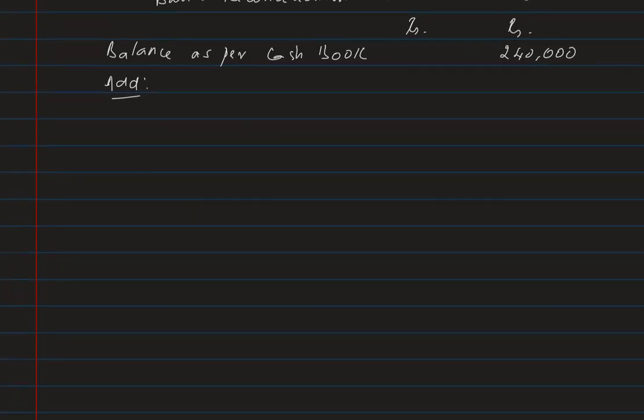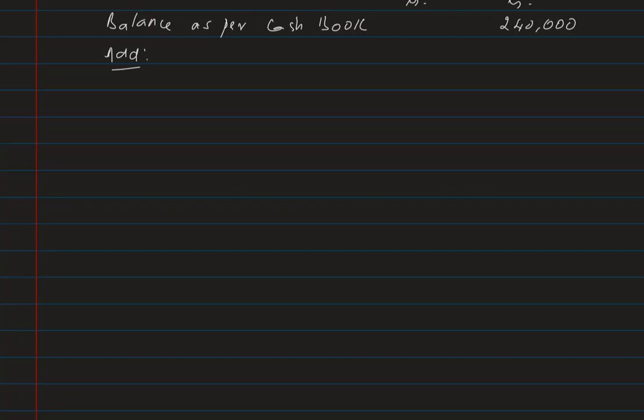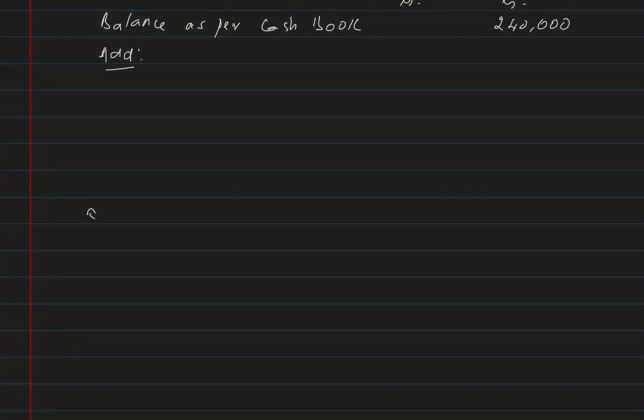So check issued but not presented for payment. Now dear students, carefully observe. Whenever you want to identify whether you need to add or less, let us assume the balance as per cash book and passbook was the same, and when you issue a check, the first point of entry comes in cash book. So your cash book balance becomes 90 and your passbook balance remains at 100.